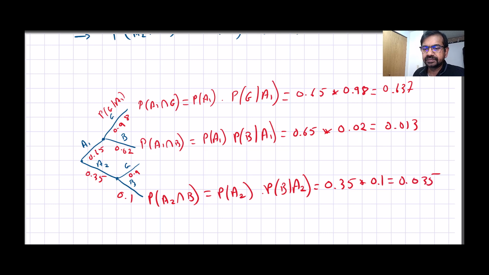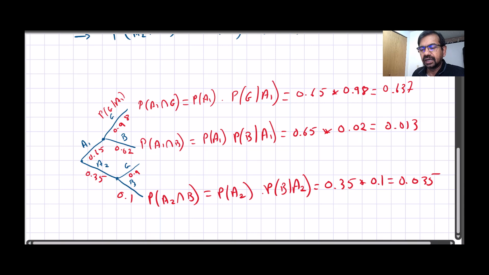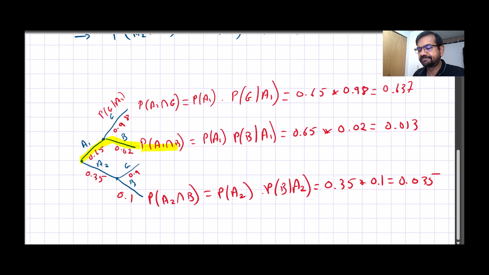So a part that is bad could have been on this stream or on this stream, right? So our two conditional events are: part being bad could have come from firm 1, so we could have been here. Part being bad could have come from firm 2, so we could have been here.